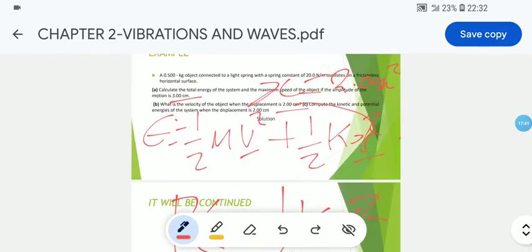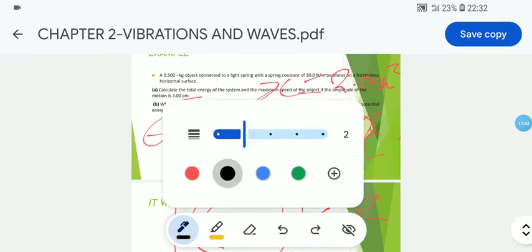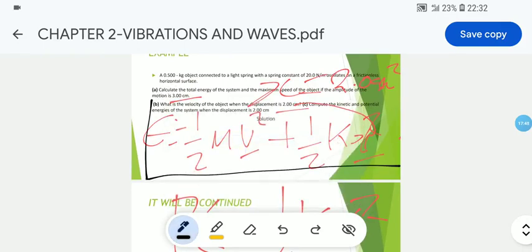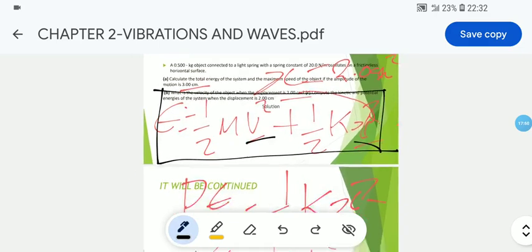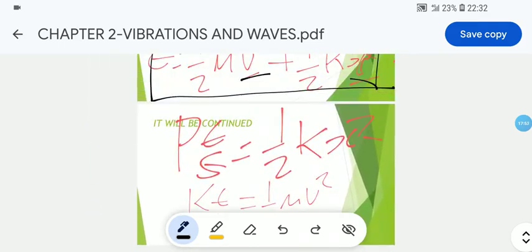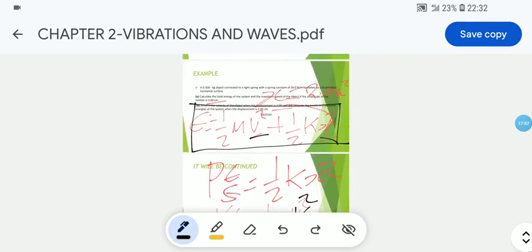After solving, that is the v you're going to substitute in this case. That's all for this.